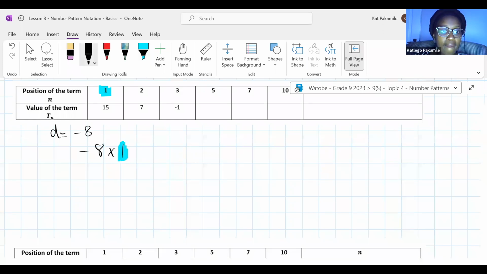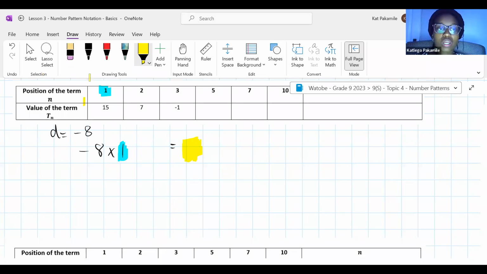And then that has to equal what? What answer do we want on the other side? We have the position. We are on position 1 right now, right? Yes, ma'am. What value do we want? We have n, we want Tn.